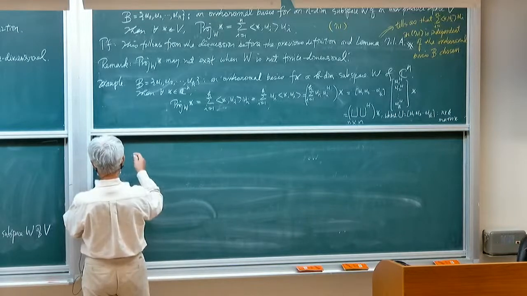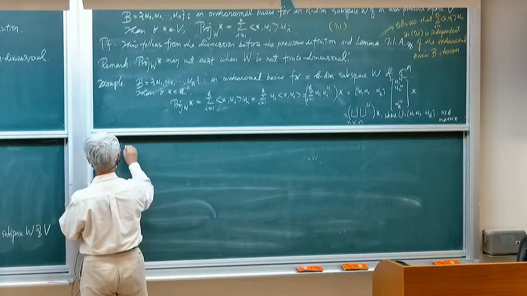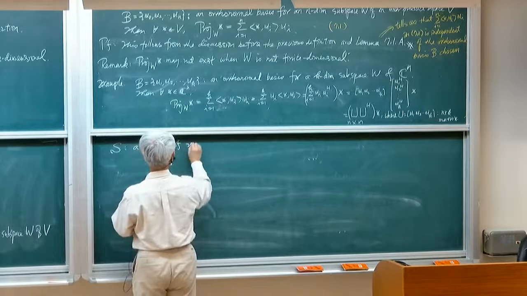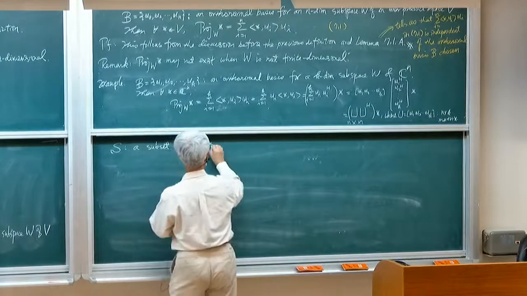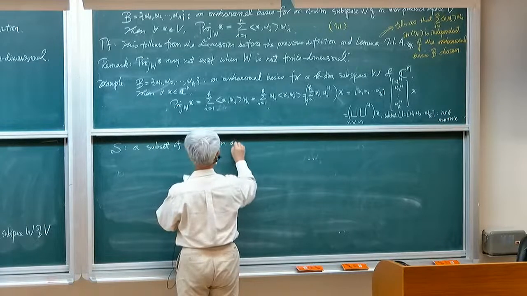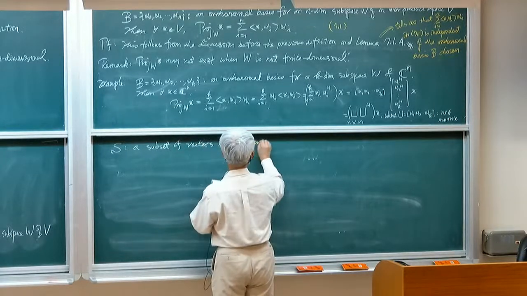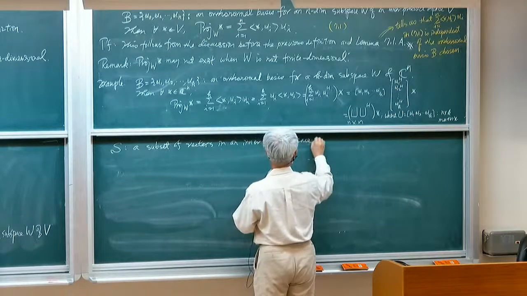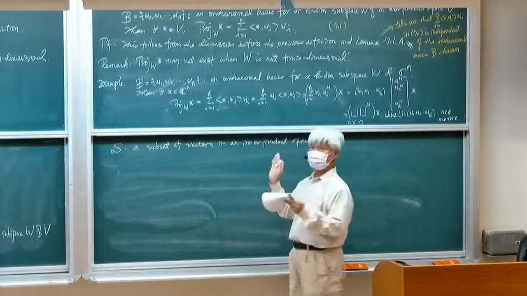So the first one is that, suppose S is a subset of vectors in an inner product space V. So S is just an arbitrary subset.